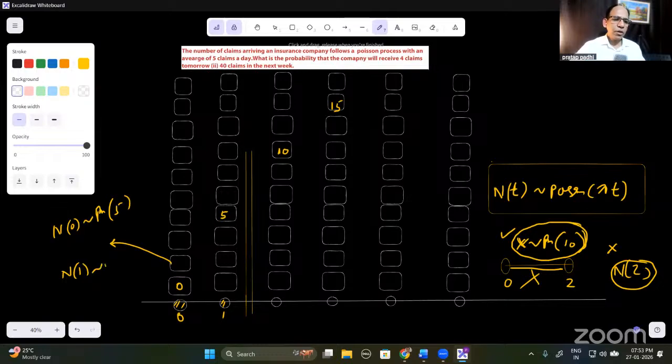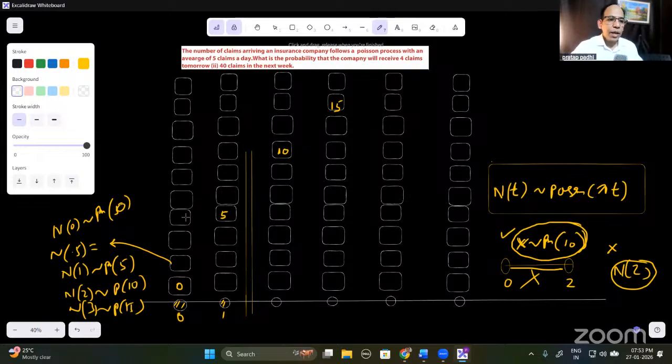N(0) is anyway 0, it starts from 0. What will N(2) follow? Poisson 10. What will N(3) follow? Poisson 15. What will N(half) follow? Yeah, that is also there. It's continuous time. N(half) will also follow a Poisson distribution. Lambda is 5, 5 multiplied by 0.5.